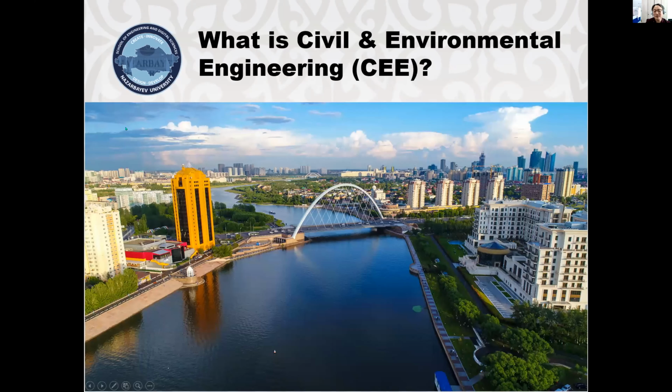Now, okay, you can see this is a beautiful picture of Nur Sultan City during the summertime. You can see a lot of different components in this picture. Can anybody say something? What is there? What are the objects there? Anybody?